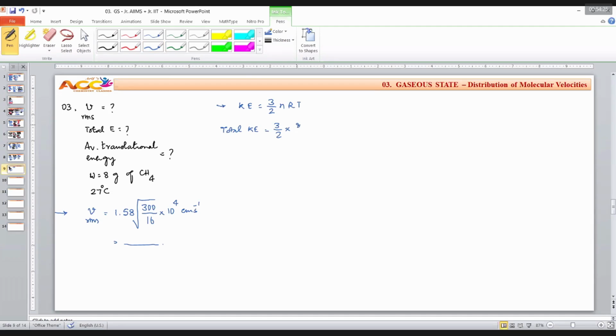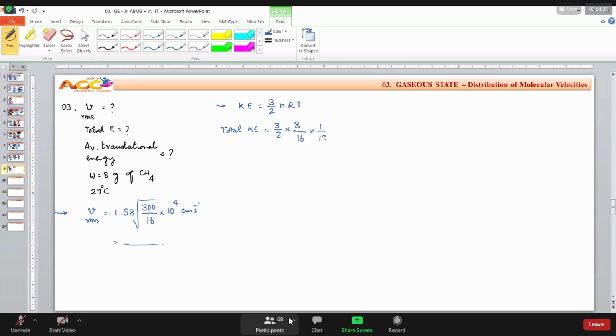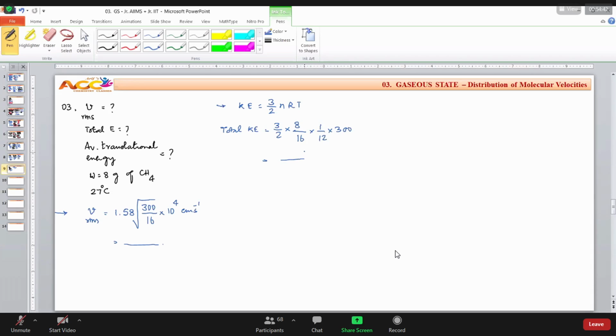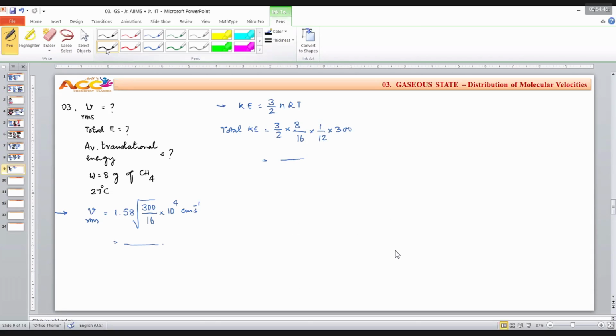Weight by molecular weight, into R, temperature 300. This must be in terms of, now there is a problem. When you take 1 by 12, again you have liter atmosphere, that is not accountable. Therefore, remember, since energy should be expressed in terms of joules, 8.314, what is to be written? Now you are comfortable with joules.